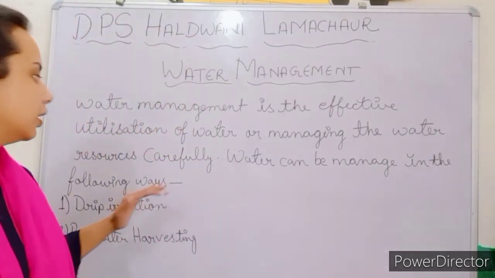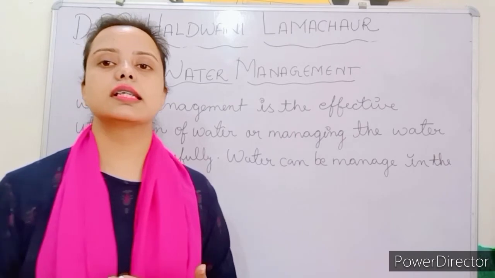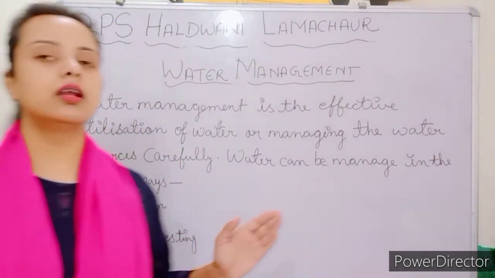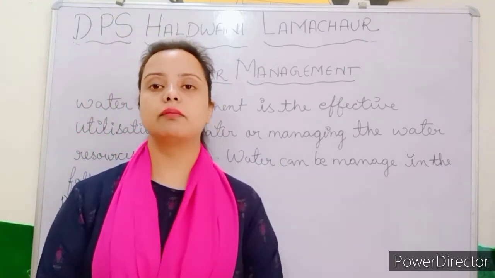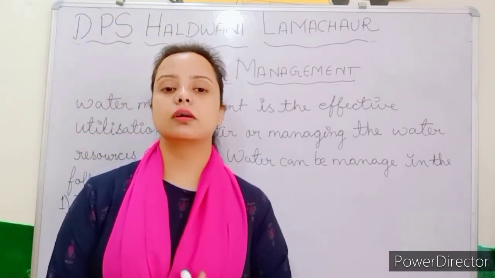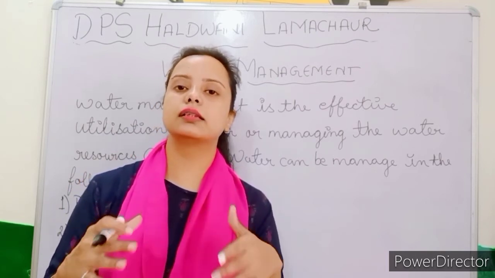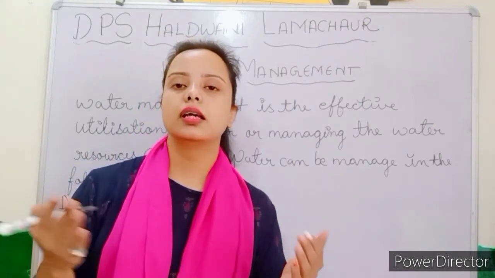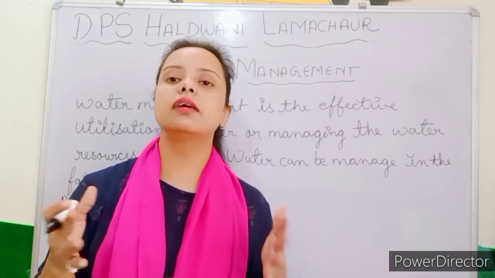There are some steps we can take. For example, drip irrigation for the irrigation of crops. ठीक है, जो खेतों में हम पानी देते हैं, what the farmers do is use thick pipes so that the water passes with force, and each and every plant gets enough water.